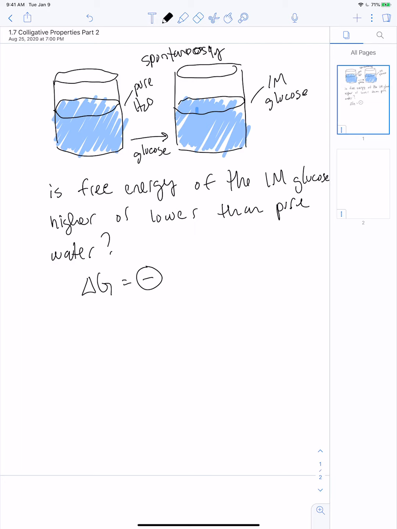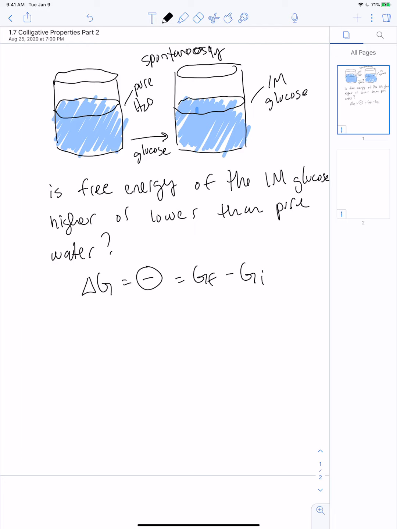That means the delta G is negative. I should say it this way: the free energy of the final system is lower than the free energy of the initial system.